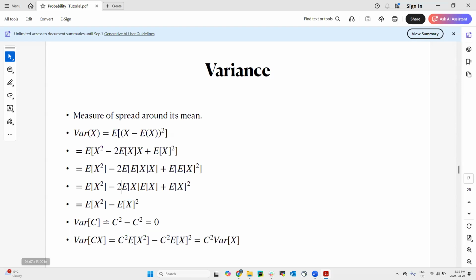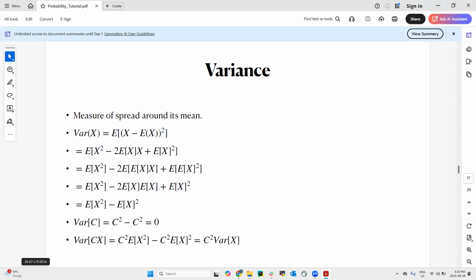Some famous things that you need to know are also very important when you're doing a proof or in a lot of algorithms. You see a term like the variance of a constant, Var(C), and suddenly you don't see it anymore. The reason is that it is equal to 0. You can easily use this last formula: it's going to be c squared minus c squared, and you'll get 0.